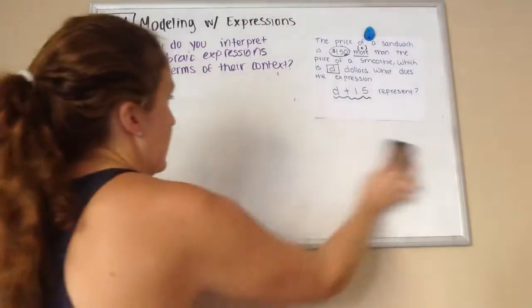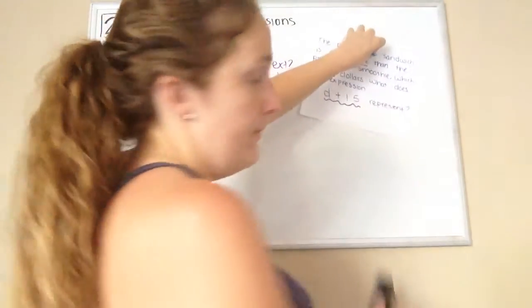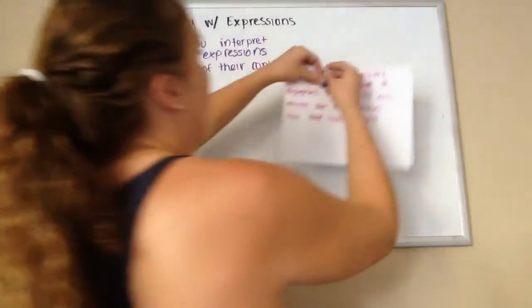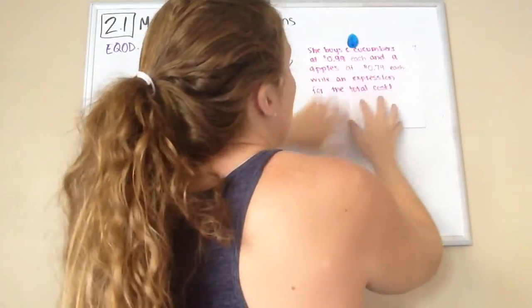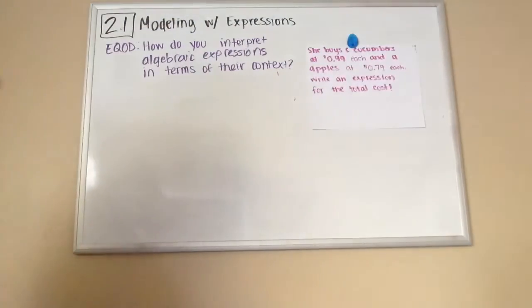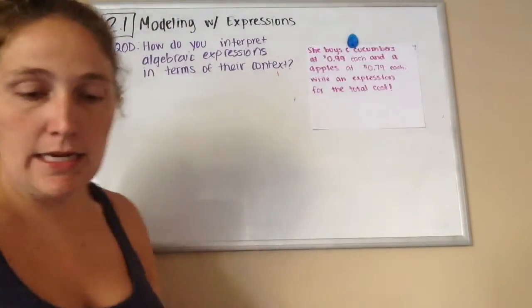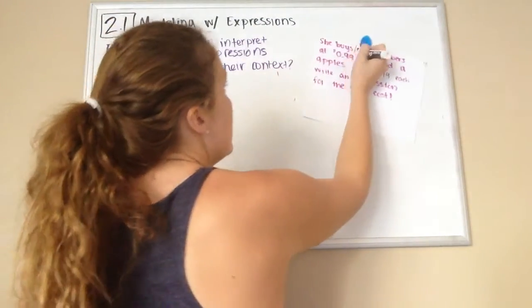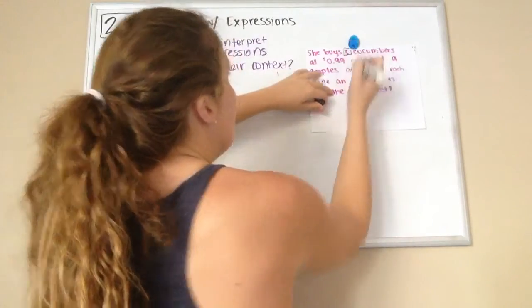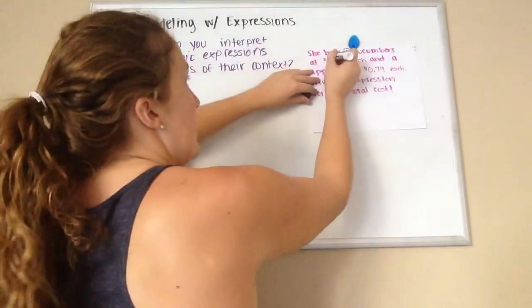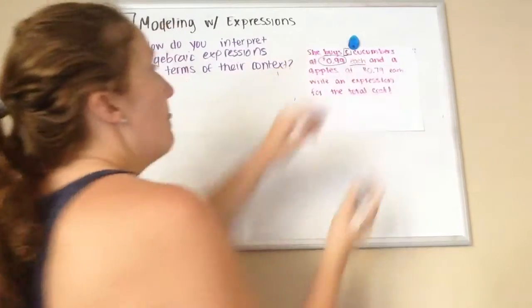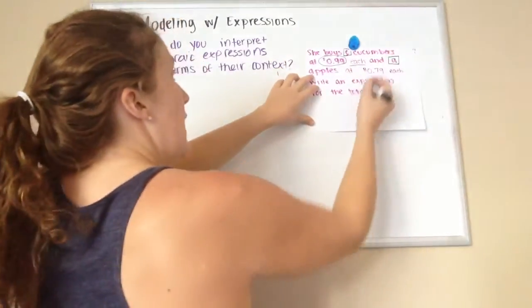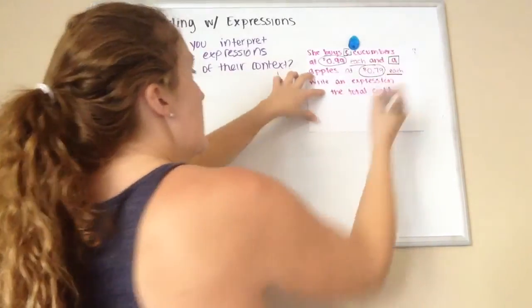Our very last example for this section. All right, so this one, it says she, who will be unnamed, buys, so purchases C cucumbers at 99 cents each, and A, there's another variable, A apples at 79 cents each.